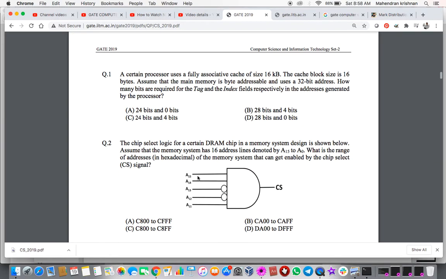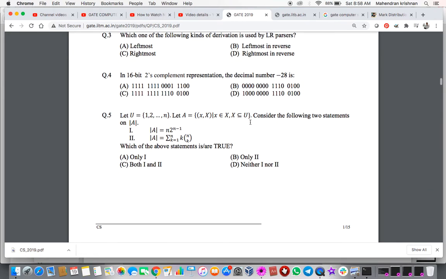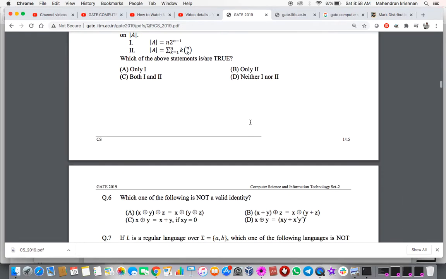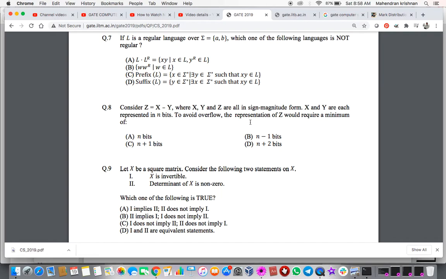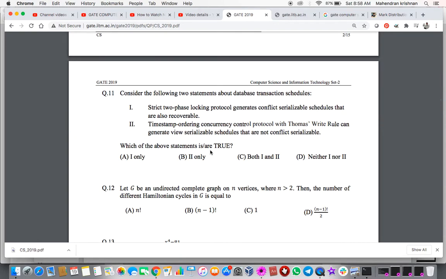That is question number 1. This is memory power, right?